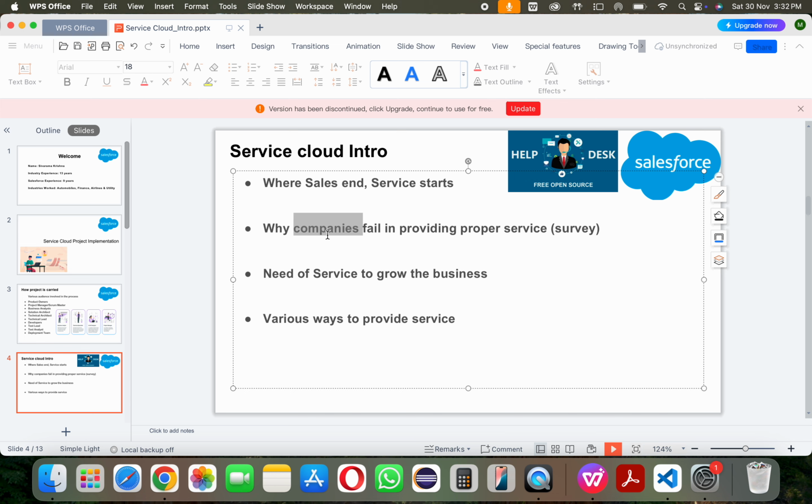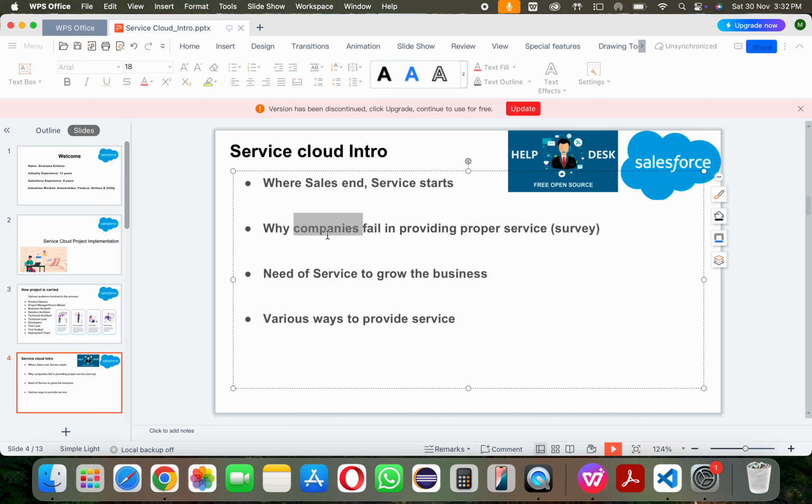And if this repeats more than 3 times for any particular customer, automatically he is out of your company. He no longer needs your product. And he will also tell his friends or family, okay, don't purchase, the product is good but the service is very bad. So it's always both: sales should be good and service should be good, otherwise your business will not grow. And why is service required really?